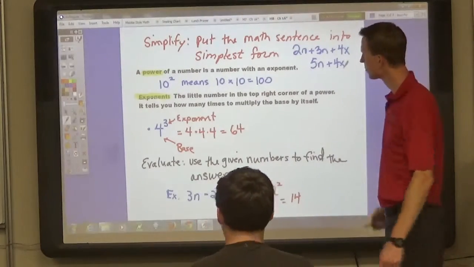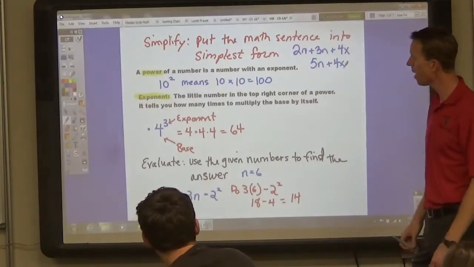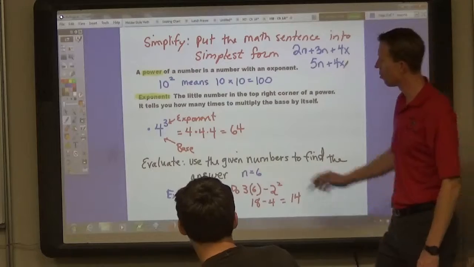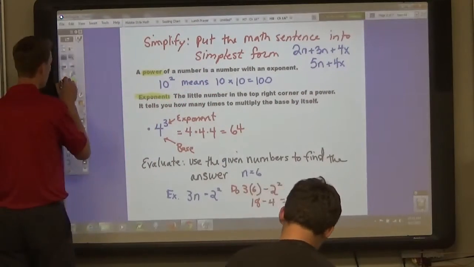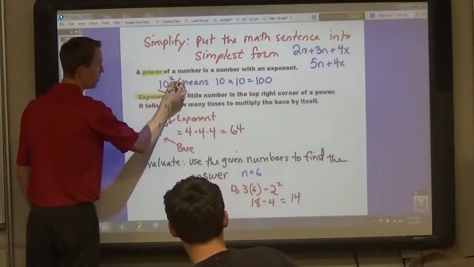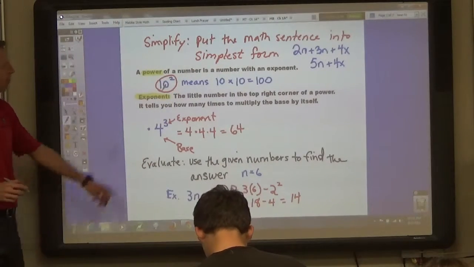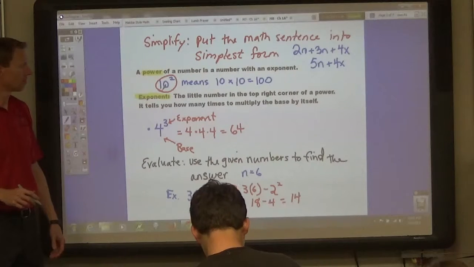Then, a power. A power of a number is a number with an exponent. The whole thing is called a power. So this is called a power. It's the base and the exponent. Okay?